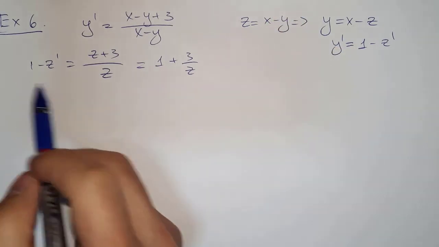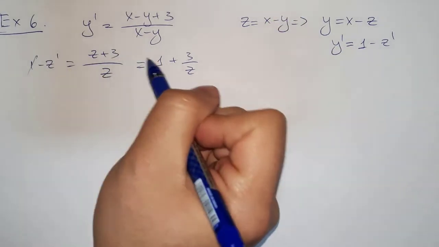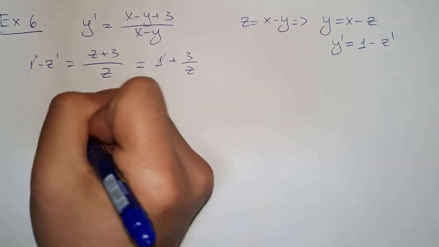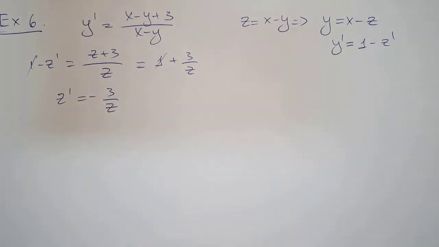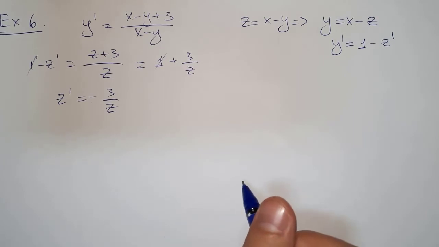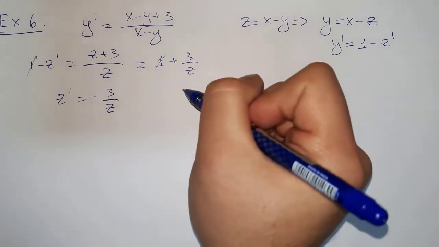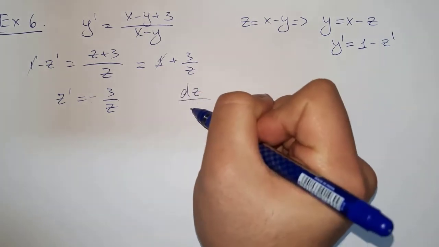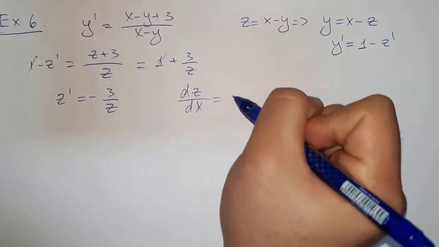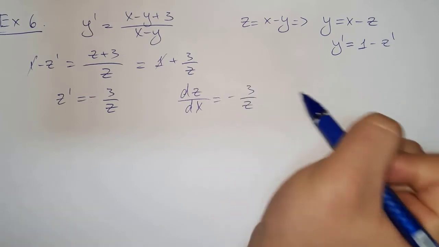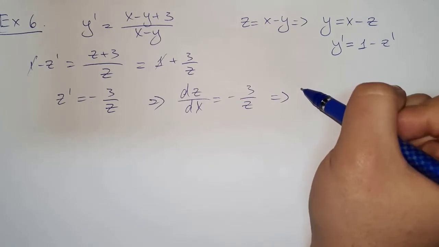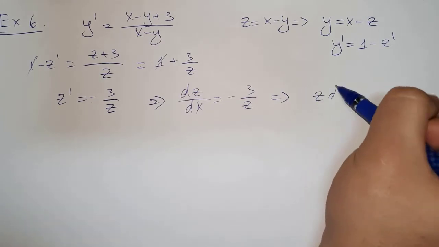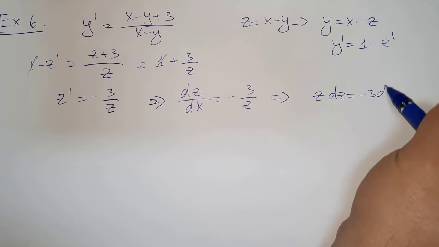Now you can see 1 and 1 are cancelled, and we have z prime is minus 3 over z. And now this is a separable equation. So dz over dx is minus 3 over z, or z dz is minus 3 dx.